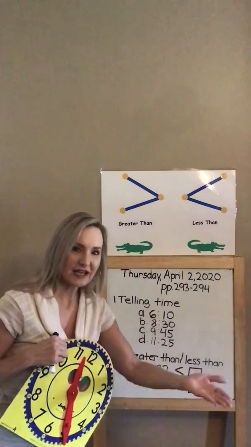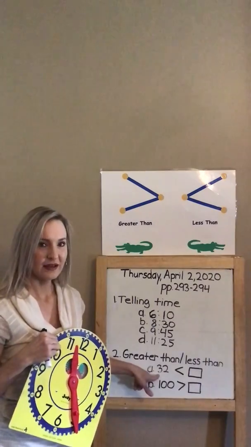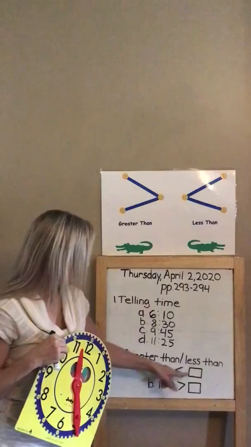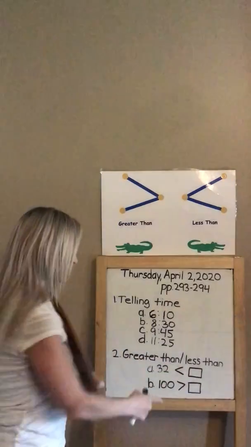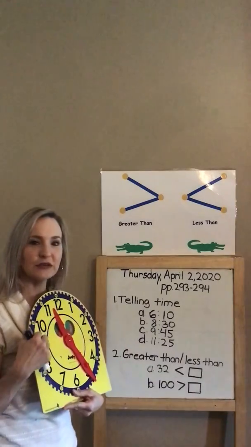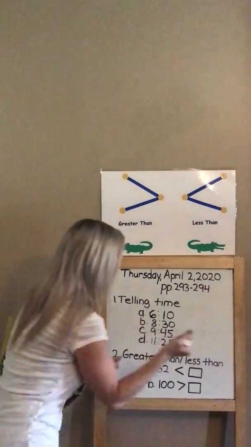You could do the other side of it and say, what number is greater than 32? Okay, you can say, what number is greater than 32 and fill in that box, okay? If you want, start 1 after 32. What's 1 after 32? 33. Let's try that, okay? I'm going to fill in 33.